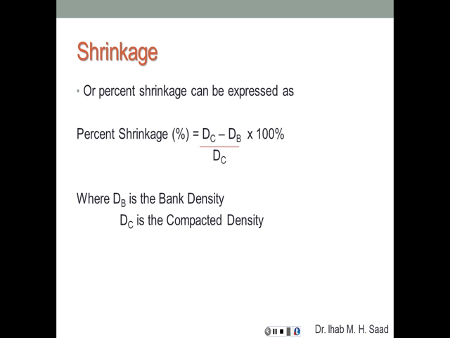Swell and shrinkage are properties of the different types of soils. So depending on the type of soil, it's going to have its own shrinkage percentage and swell percentage. And these are usually given to you through the geotechnical report produced by the geotechnical engineer or the soils engineer, who's going to do all the lab tests, including the dry density, wet density, dry volume, wet volume, moisture content, bearing capacity.